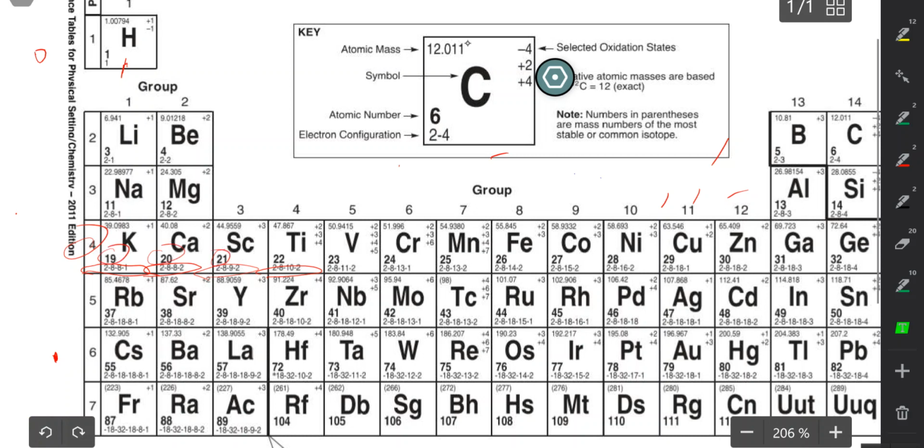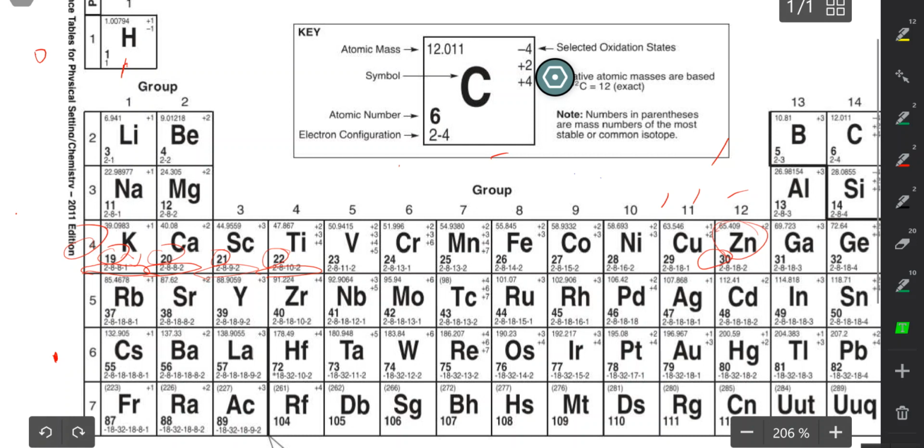So in potassium, you have 19 protons attracting 4 electron shells. In titanium, you have 22 positive protons attracting the same 4 negative electron shells. If we get to zinc, we have 30 positive protons attracting the same negative electron shells.